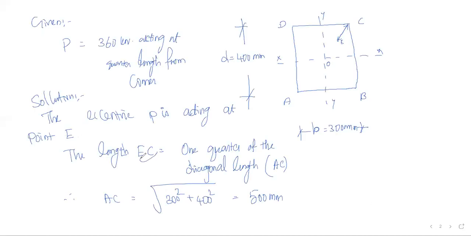Next, since it is 1/4 of AC, the length EC is equal to 1 by 4 into 500, so it becomes 125 mm.